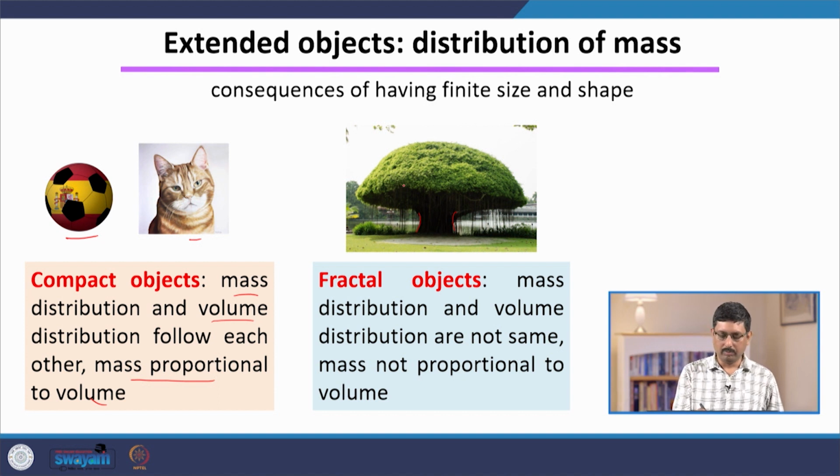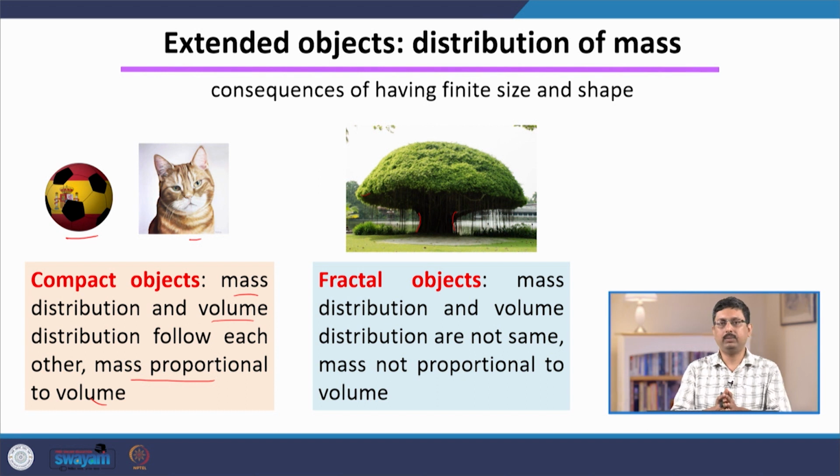Most of the volume is due to the surface area of the tree, and the surface area of the tree is enormously large because of the leaves. So most of the surface area and volume of the tree comes from the leaves, but the leaves have a mass that is very negligible compared to the trunk.